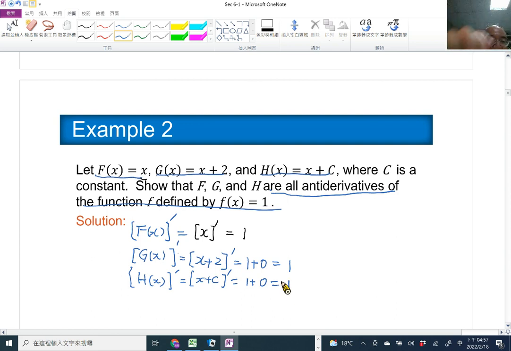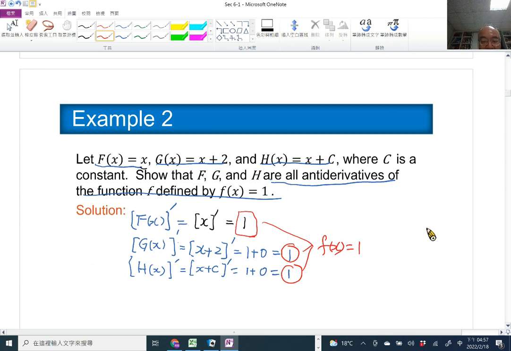And we find that all these three functions, capital F of x, capital G of x, capital H of x, all share the same derivative, which we name lowercase f of x. So all of them are antiderivatives of f of x.